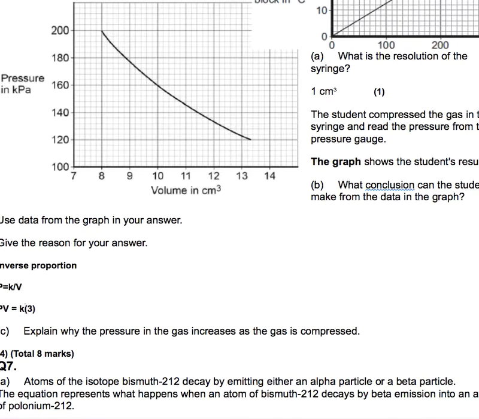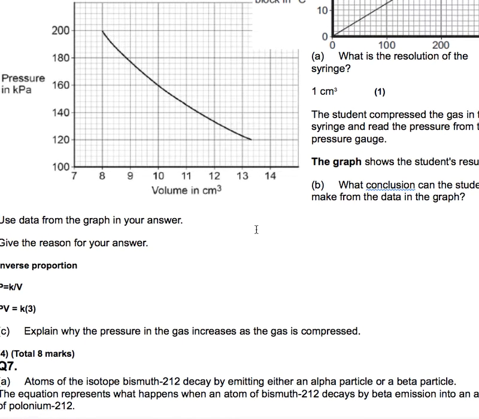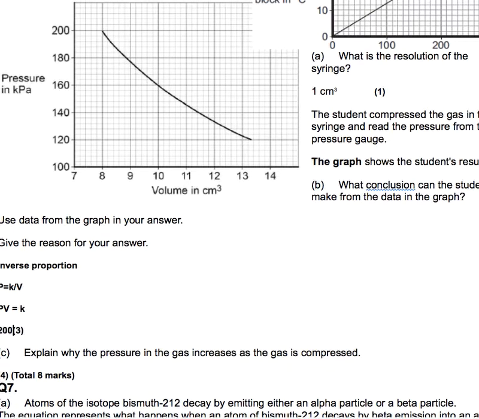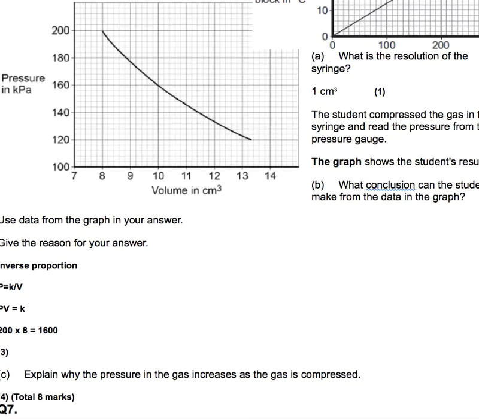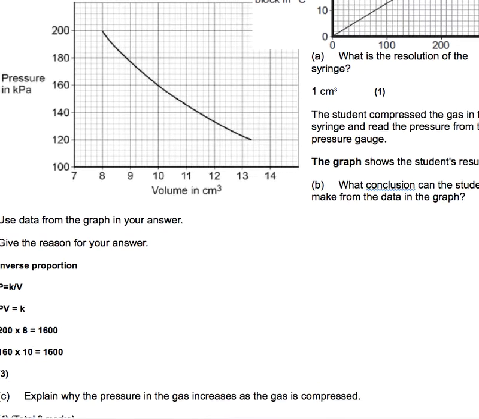That is to say, it will give you the same answer every time. So if you say 200 times 8, for example, well, that's 1600, right? So if this relationship is true, then if we did 160 times 10, we should get the same. And we do.